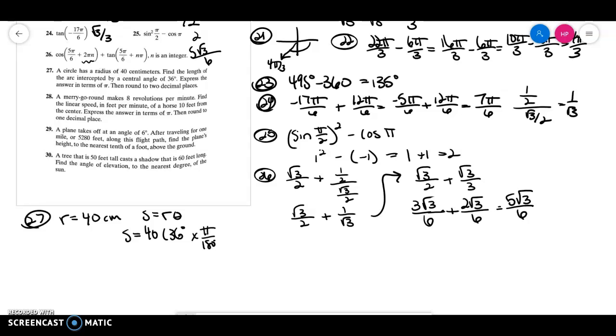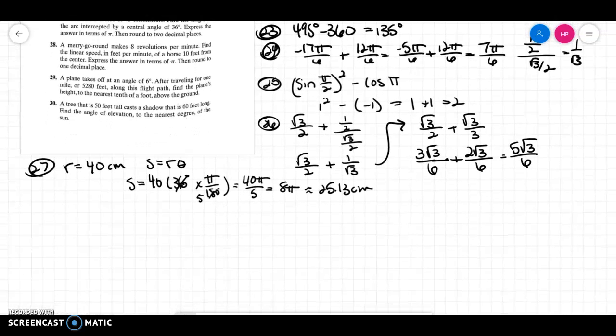That was our warm-up for us. 36 and 180 actually reduces to 1/5. And so 40 pi over 5 is 8 pi. Or to the decimal places, 8 pi is 25.13 centimeters.